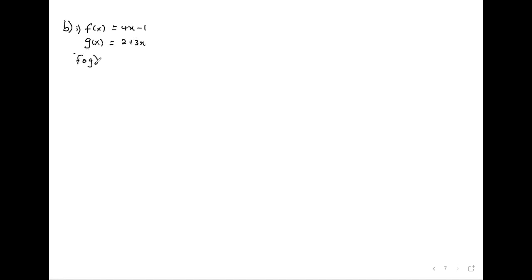So f of g here again will be, in f, we take g, that is g here minus 1. So that we have 4 times (2 plus 3x) minus 1. That is 8 plus 12x minus 1. So we get 8 minus 1, you get 7 plus 12x. Like that.